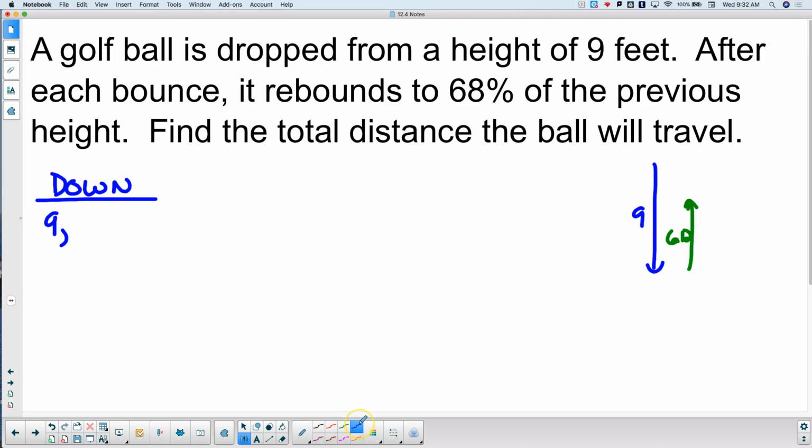Which means it goes back down how far? 6.12. Then it comes back up. How high? 4.16. Which means it goes back down 4.16, right? And that trend continues.